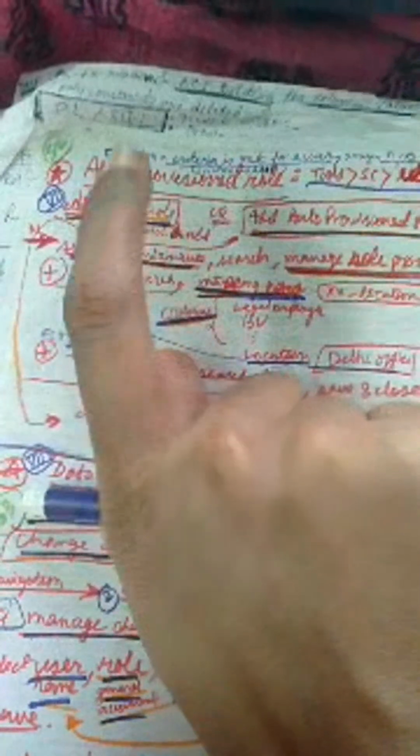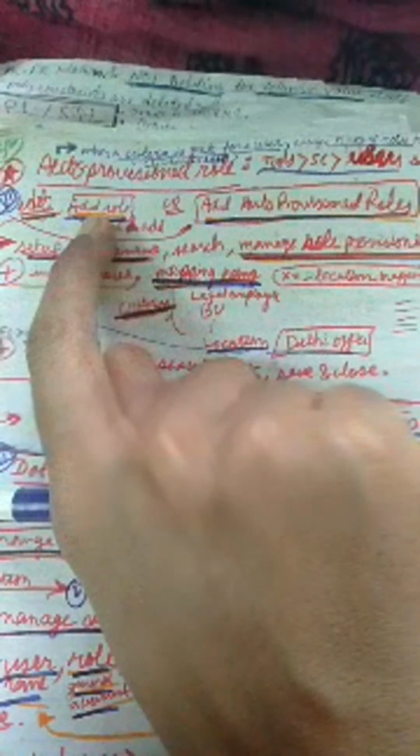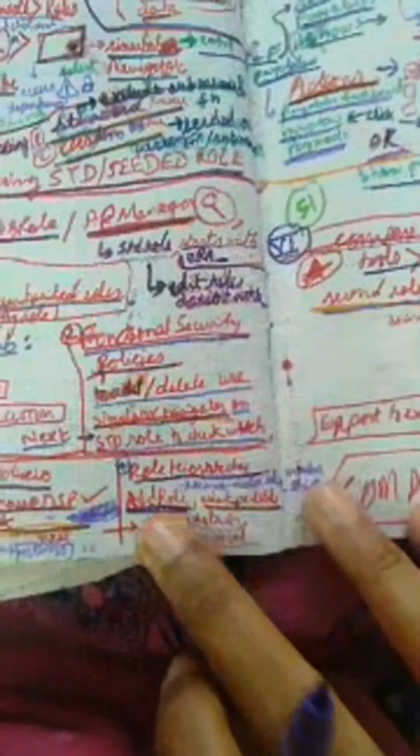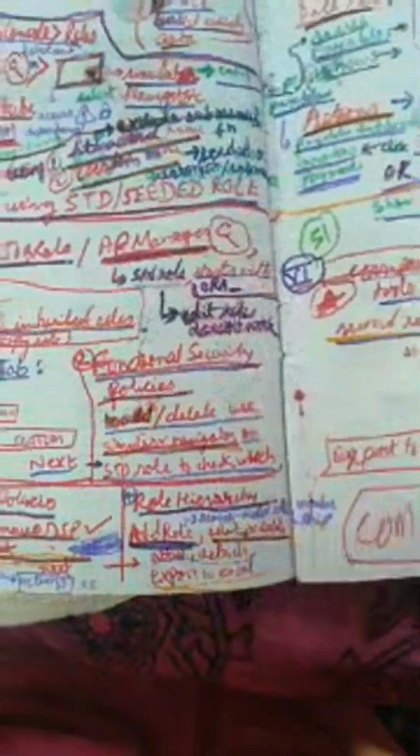Now on the page I have 2 options. Either add role: I click on add role, search for the role name, and do add role membership. This is the normal step in role hierarchy.